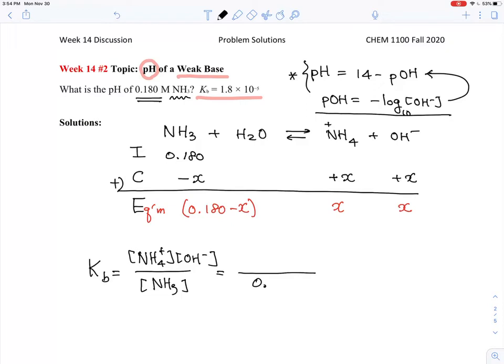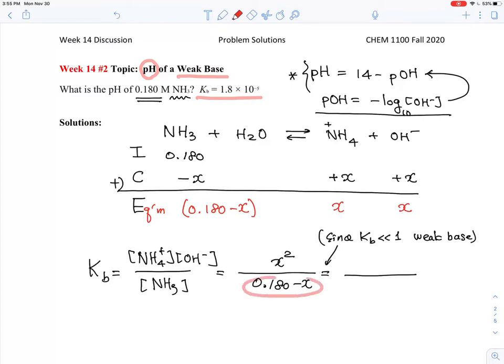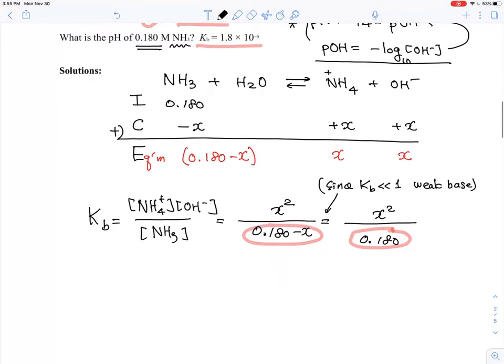That is X squared over 0.180 minus X. And since Kb is much smaller than 1, which is a weak base, this value shown up here is going to be approximated to be just that, and X squared. So that is my approximation.